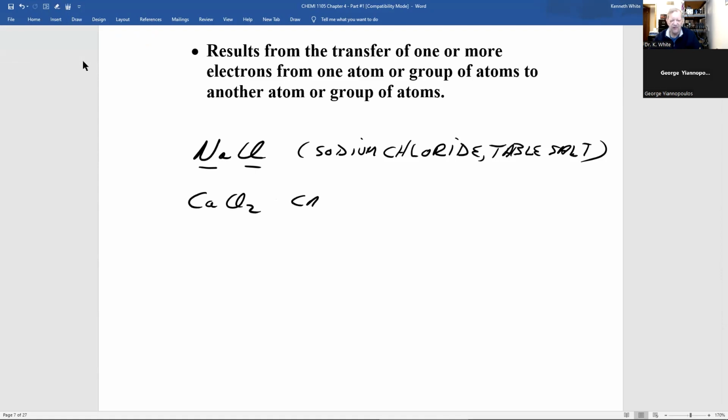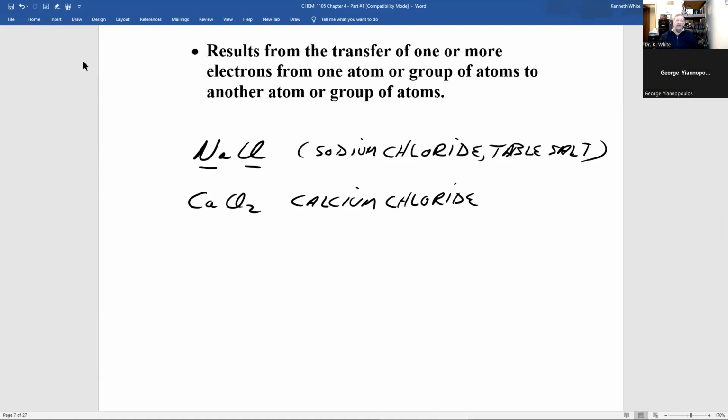This is calcium chloride. And that's the white little pellets you put on your sidewalk to melt ice when it's super cold.